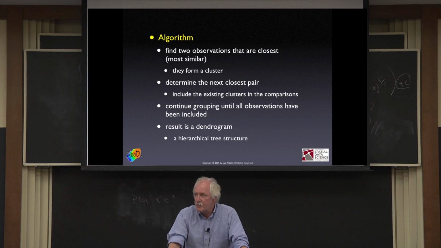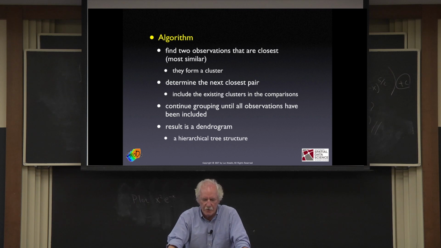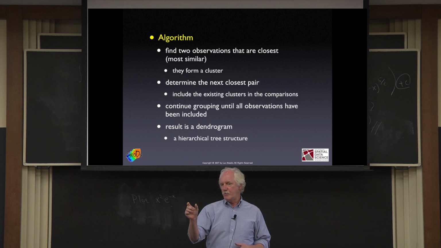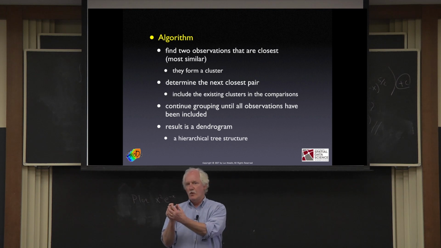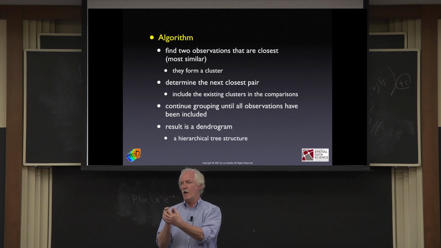It literally is bottom up. You take the 2 observations that are the closest and put them together. I'll show you a graph in a second. Once you have them together, you have to recharacterize them, and that's the computational burden. How do you do that?